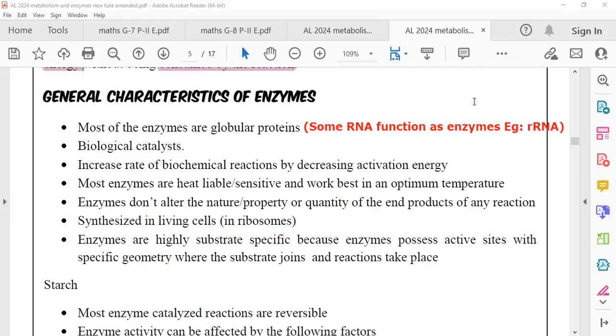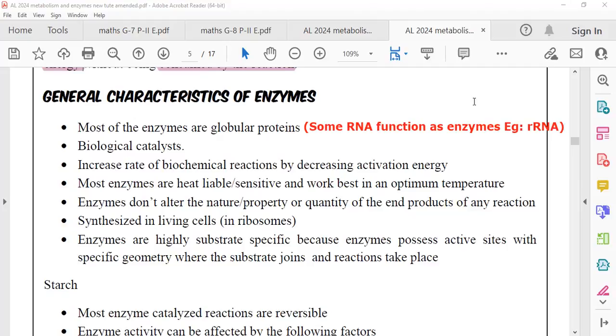And that is what they say: most enzymes are heat labile, or heat sensitive. Their function can be easily altered by temperature.